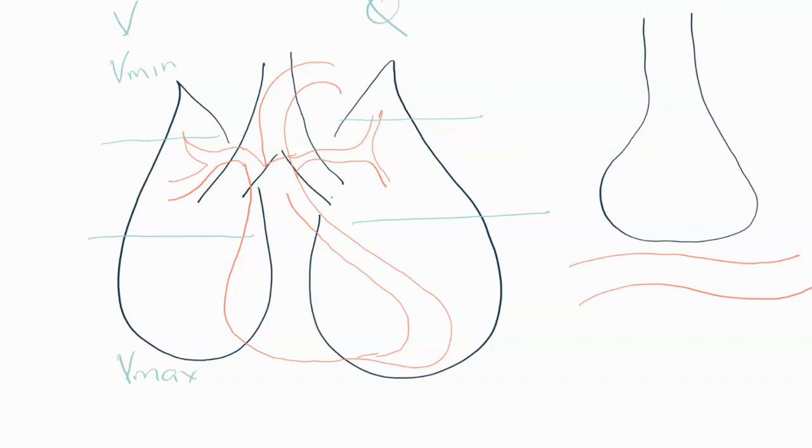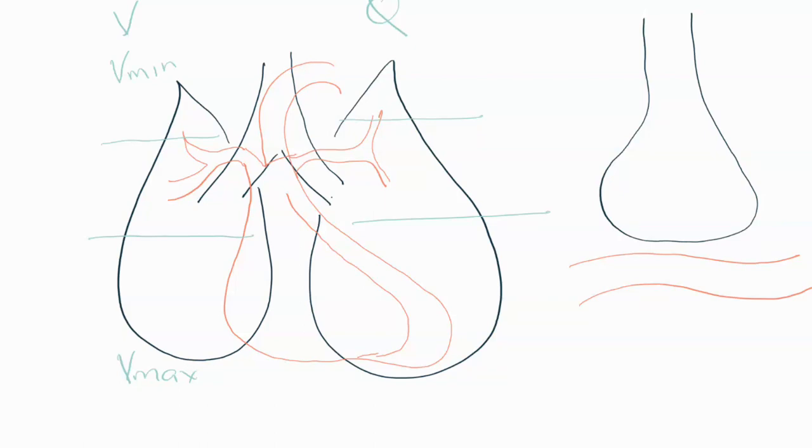Therefore, as we breathe in, the lower part of the lung can expand most easily and therefore gets the best ventilation. Whereas the upper part of the lung is much more rigid and there's a lot less movement of gas in the upper part of the lung. The upper part of the lung is not completely collapsed at the end of expiration and therefore is less compliant, so expands less during inspiration.